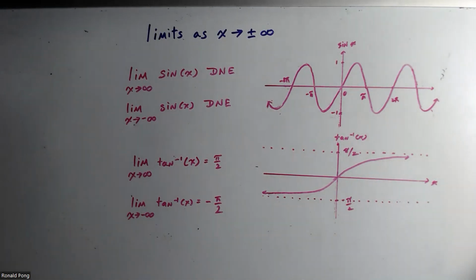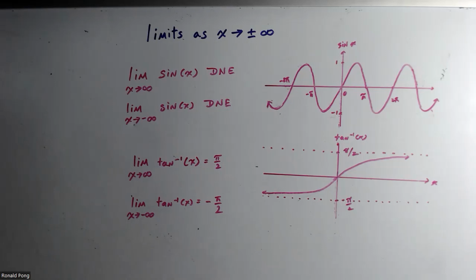They will just continue to oscillate forever. And so as a consequence, these limits do not exist. Likewise, although tangent has an infinite number of vertical asymptotes, it too never converges to a particular value, and therefore the limit as x approaches positive or negative infinity for tangent also does not exist.